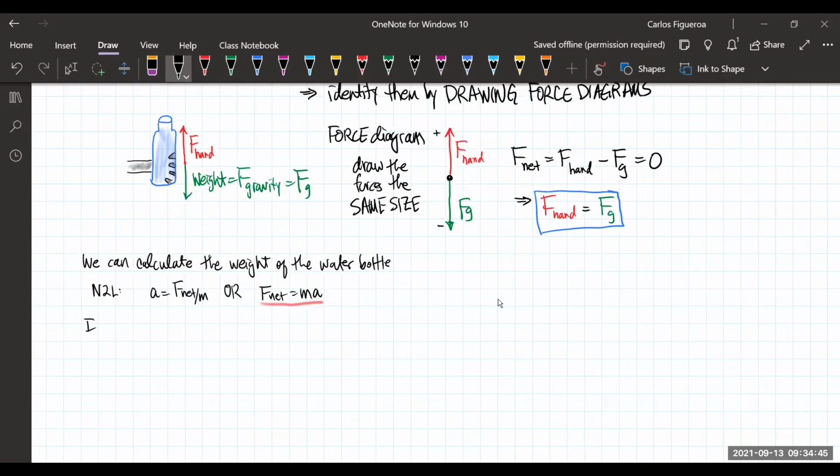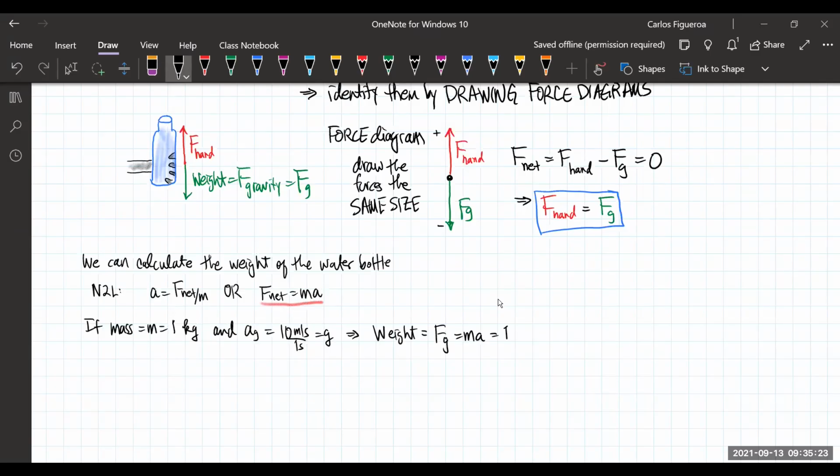So if the mass, which we define as m, is equal to 1 kilogram, and the acceleration due to gravity, which is 10 meters per second every 1 second, that's what we call g, then that tells me here that the weight of the water bottle is going to be the force of gravity, mass times acceleration.